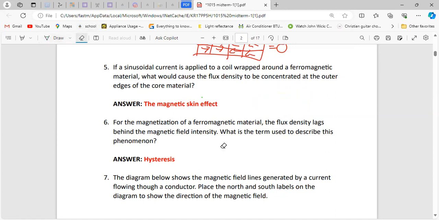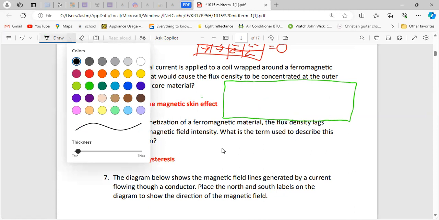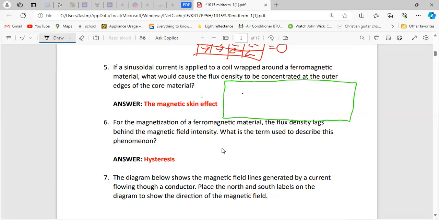Realistically, this is how it is, right? So you have the same material, but what happens to the flux is that the fluxes tend to concentrate on the outer edges of the material. So if you calculate the flux density on the outer edges, it will be higher. And as you continue to go deeper inside the material, it will decrease. So it will look something like this.